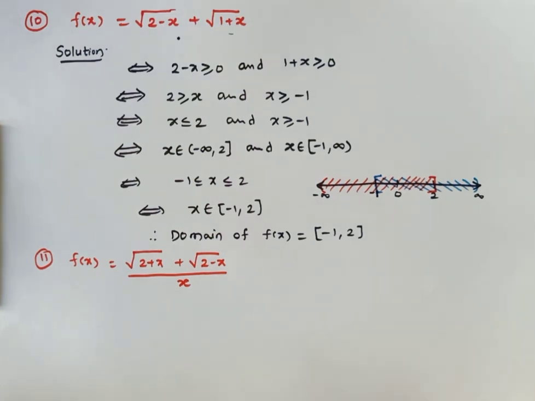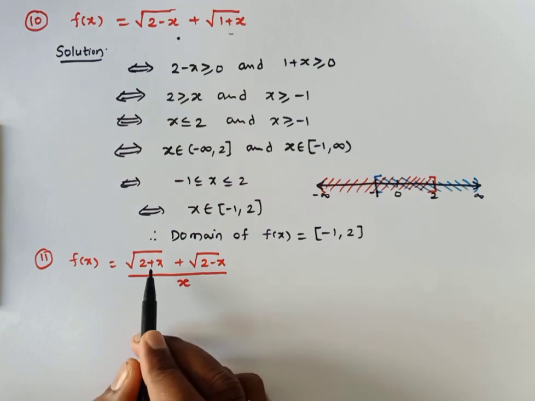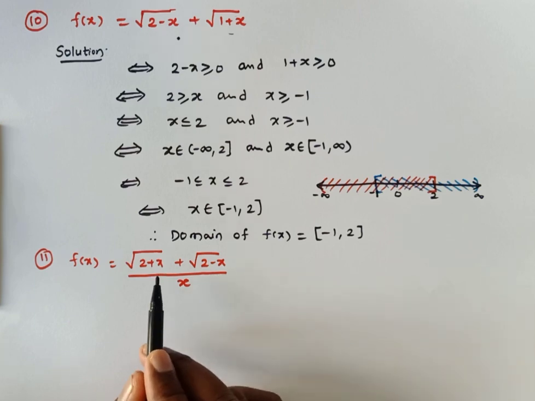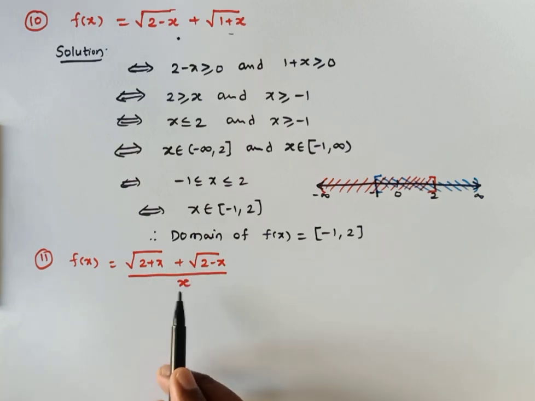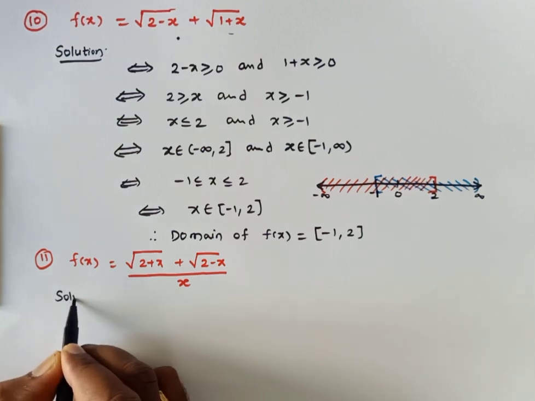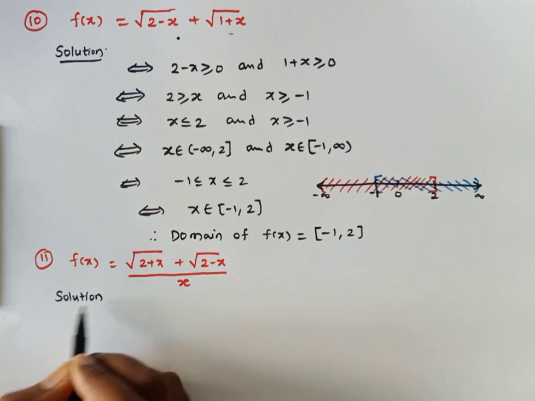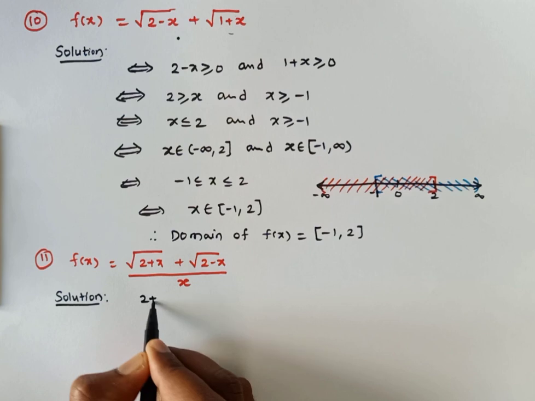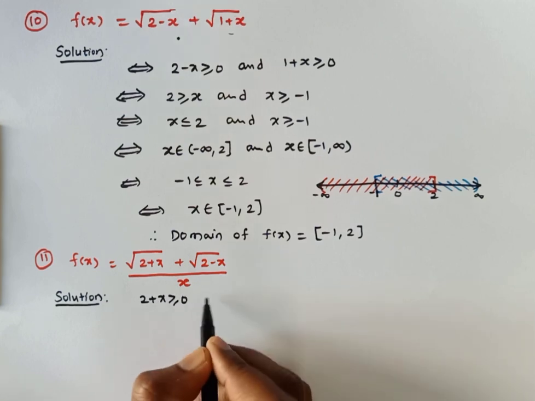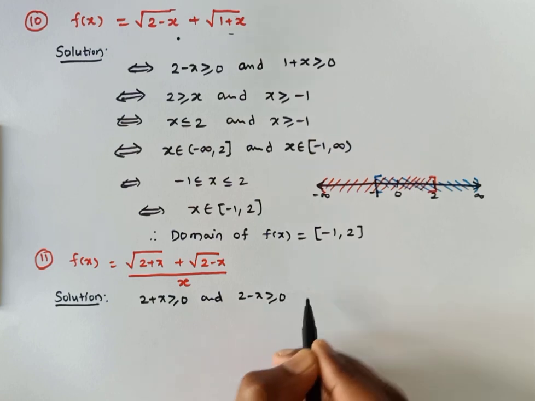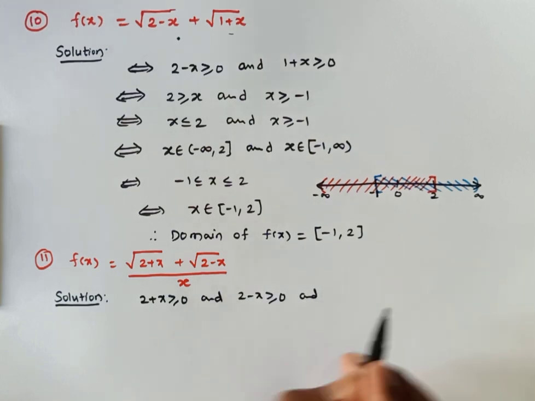So here what are the conditions we need to observe? The root of something and root of something, those two are different functions. So the something should always be greater than or equal to 0, and the denominator is not equal to 0. So all these conditions you need to write first. What are the conditions that need to be satisfied? Compulsorily 2 plus x is greater than or equal to 0, and 2 minus x is also greater than or equal to 0, and the denominator is not equal to 0.